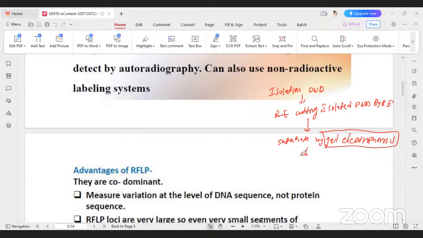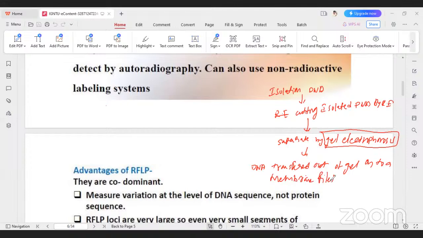Next, after separation, the separated DNA is transferred out of the gel onto a membrane filter.